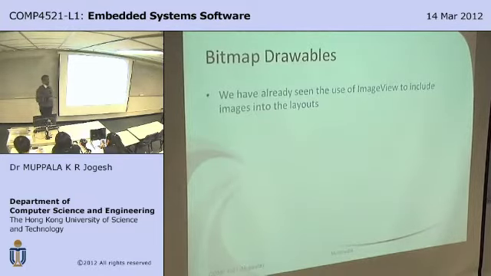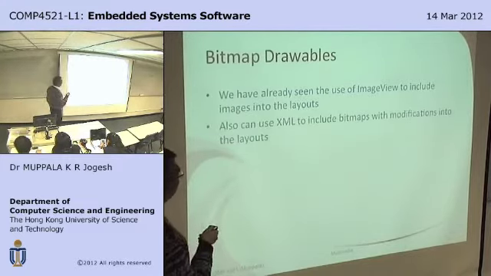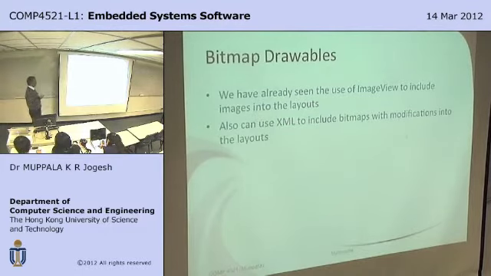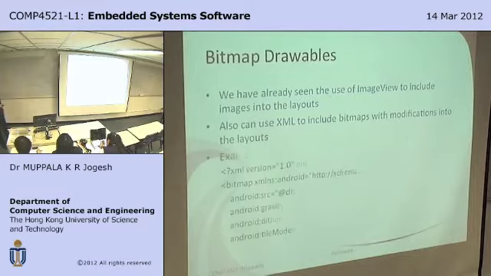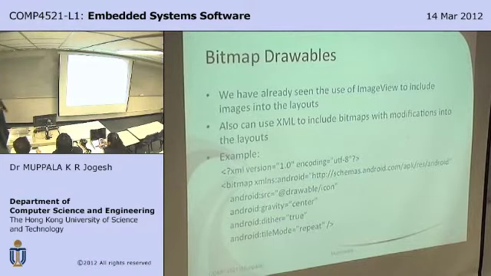Bitmap drawables we have already seen before. The use of image view and so on that you have seen in the previous case. You can also use XML to include bitmaps with modifications to the layouts, things like cropping the bitmap and so on. Something like this.